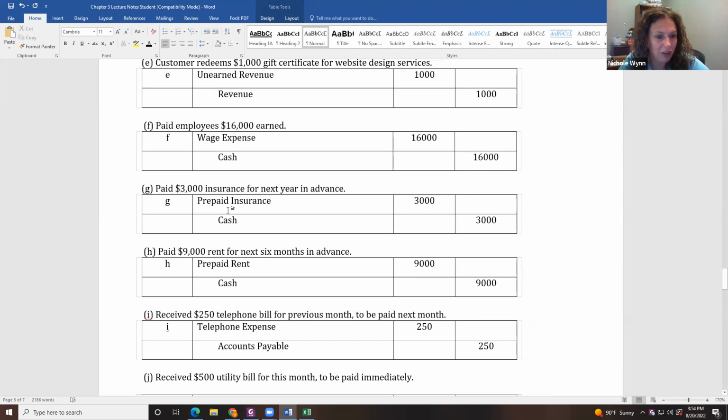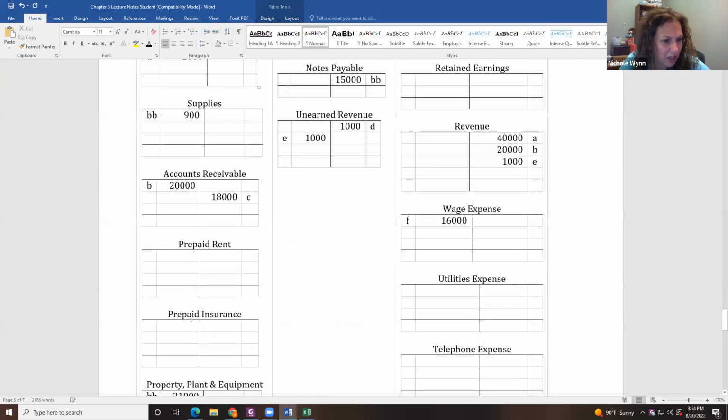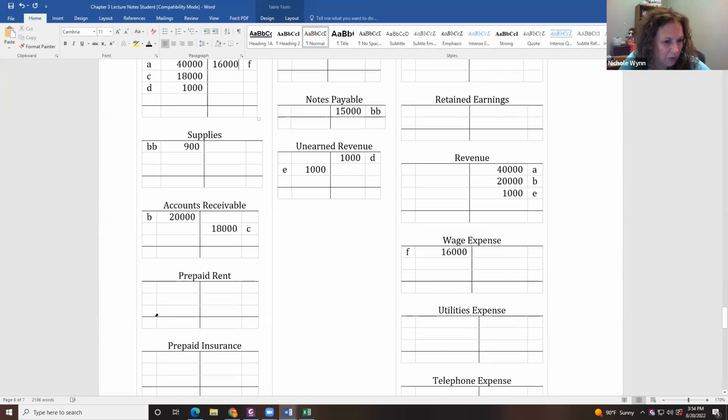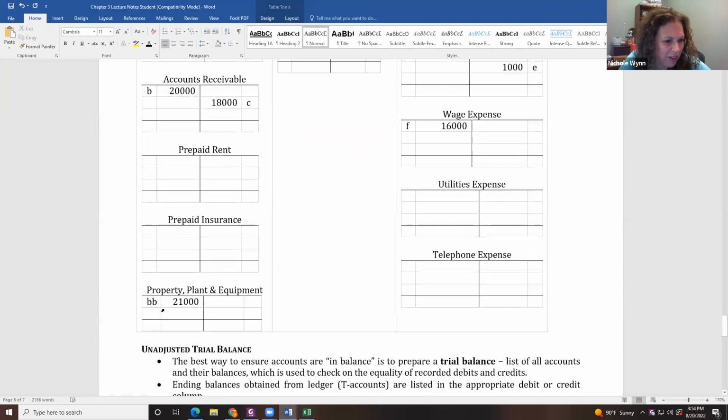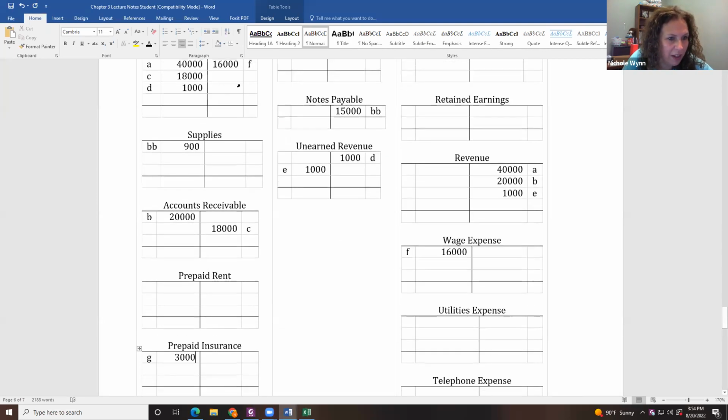Letter G is prepaid insurance of 3. This is G. I know I don't remember, sorry. Okay, G was prepaid insurance of 3. And then I'm going to credit cash for 3.